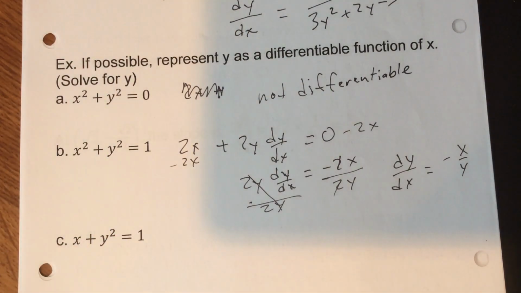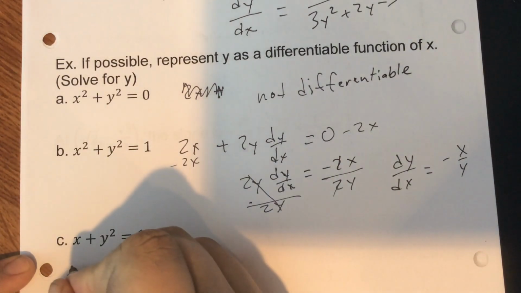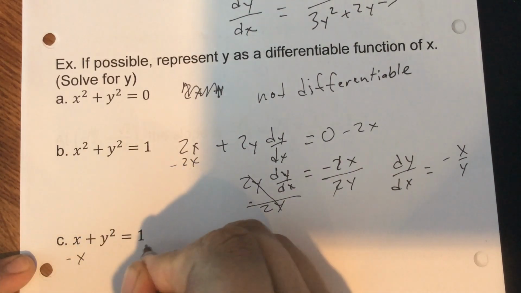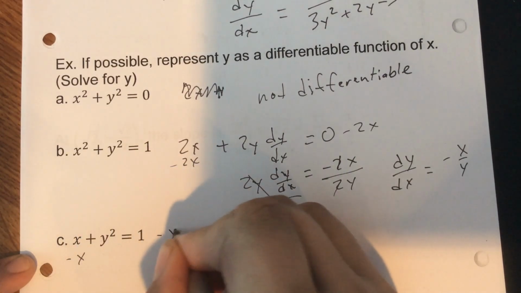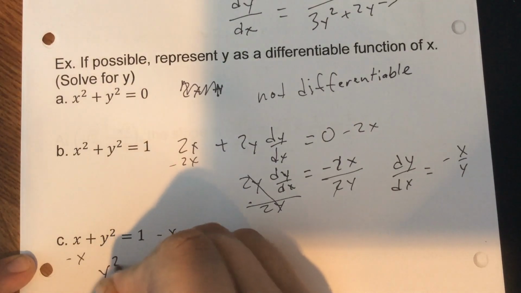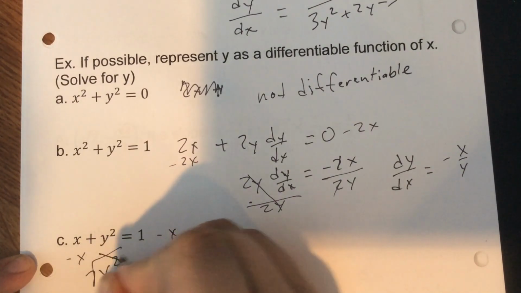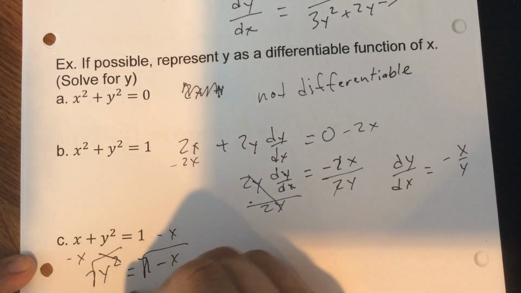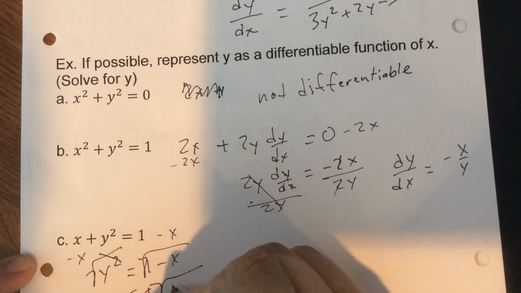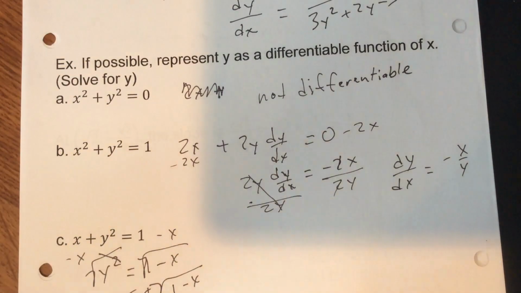This next one, we're going to actually solve for y first. So we would move the x to the other side. So y squared would equal 1 minus x, and then we would square root. So y would equal plus or minus the square root of 1 minus x.